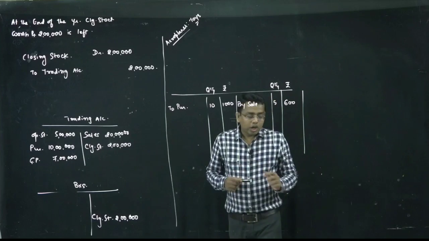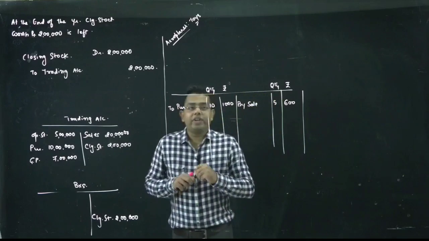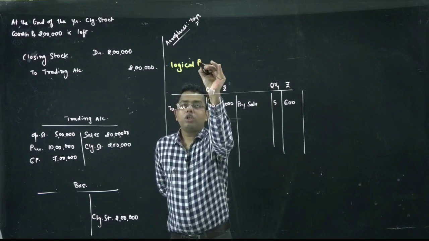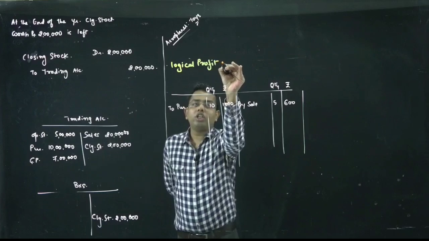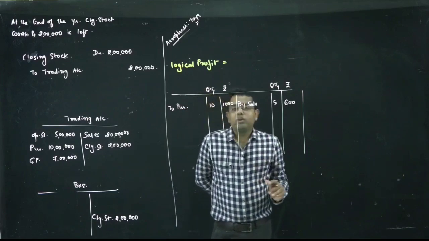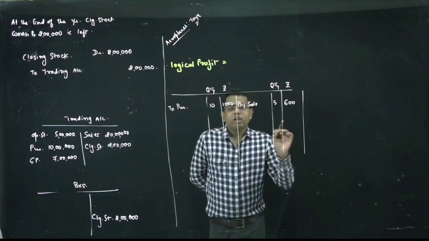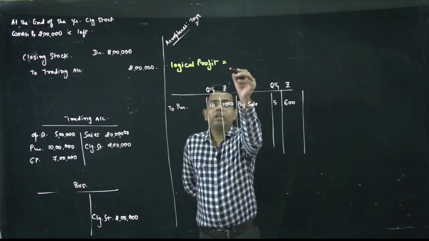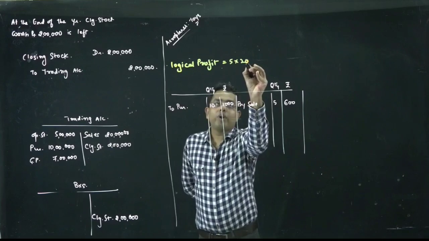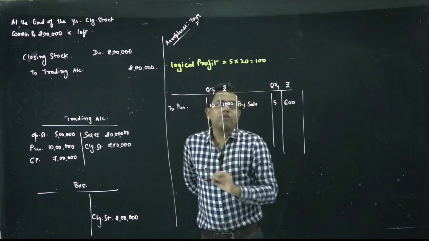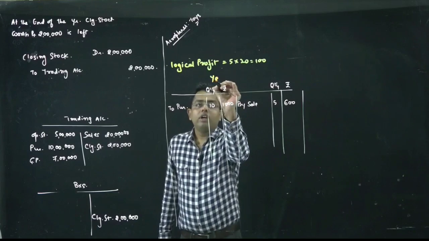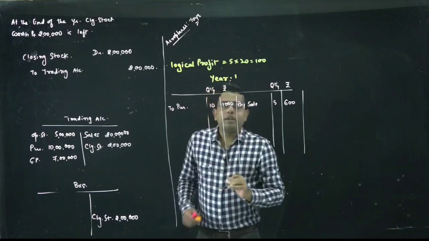Logically, what should be my logical profit? My logical profit should be: 5 aeroplanes are sold, and I want a 20 rupees profit on each aeroplane. So, 5 into 20, my logical profit should be 100 for year 1.